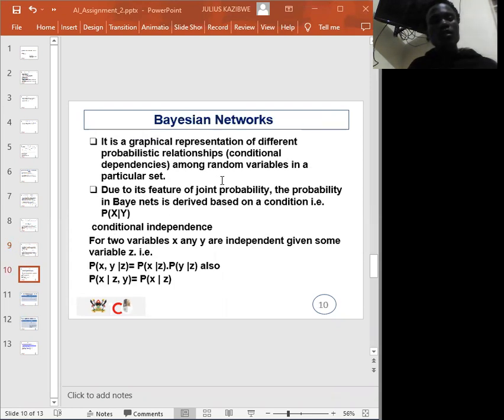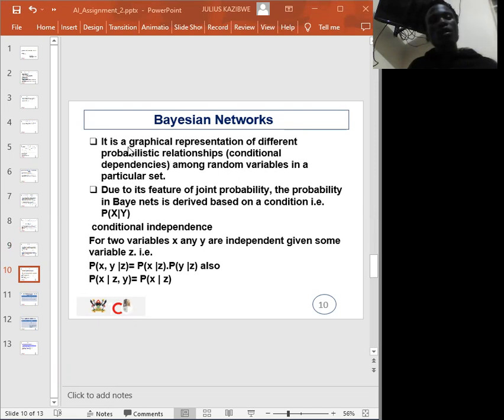We also have the Bayesian networks. It is similar to naive Bayes, though it takes into consideration conditional dependencies, where we can decide if an event is conditionally dependent on the other.